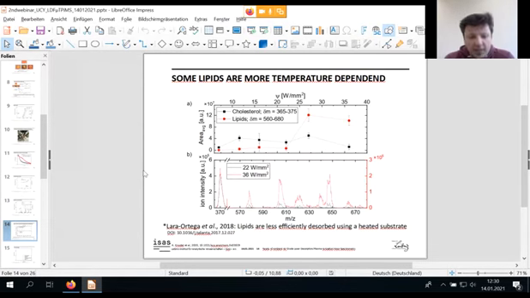There's even a publication, I think from one of your colleagues, that used a heated substrate for desorption, and they stated that lipids are less efficiently desorbed. So this might add to the idea that each compound has a certain intensity threshold for desorption, which you may know from gases.